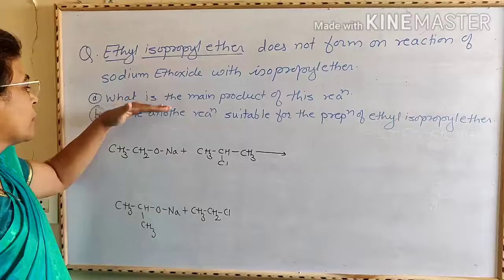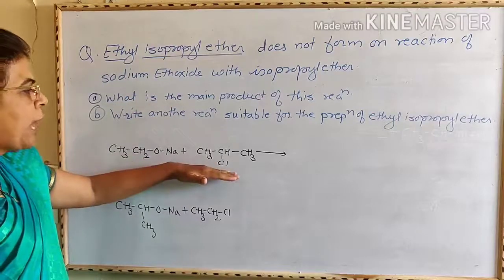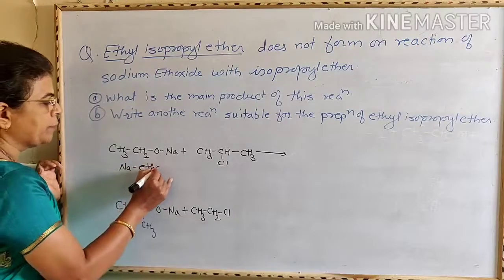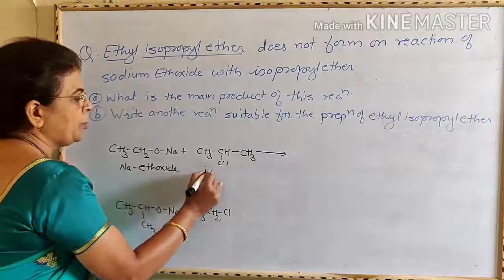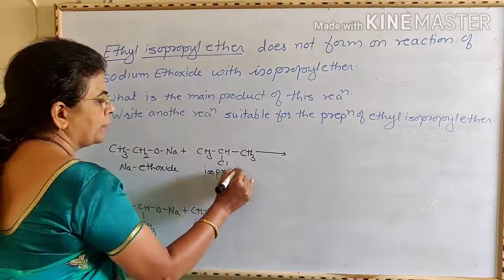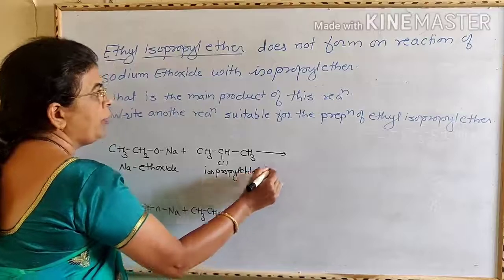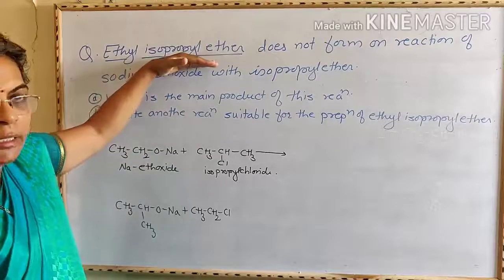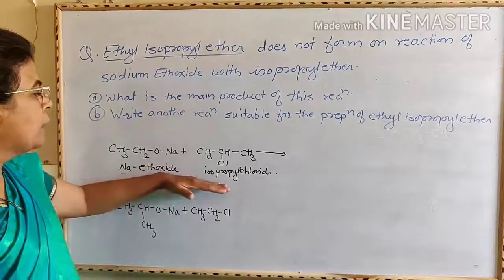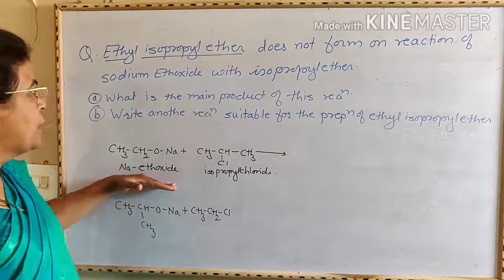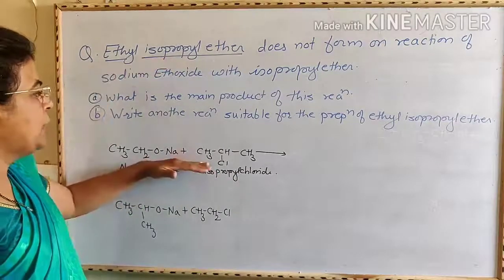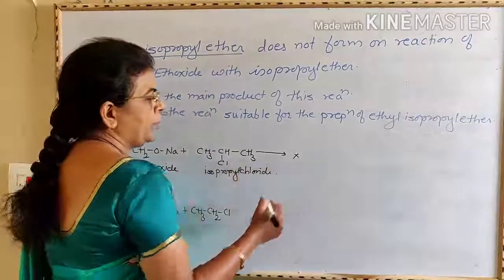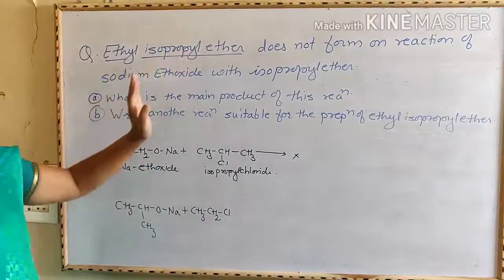That is, when sodium ethoxide is treated with isopropyl chloride, we will not get ethyl isopropyl ether. We cannot prepare this ethyl isopropyl ether by using this reaction, that is reaction between sodium ethoxide and isopropyl chloride.